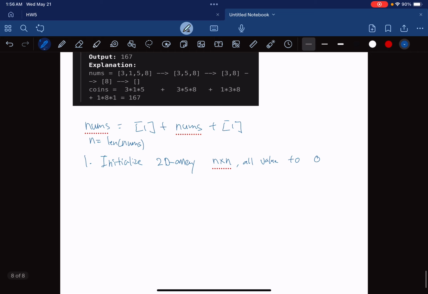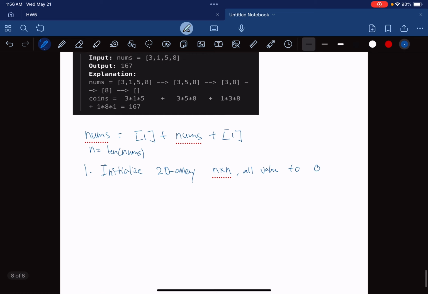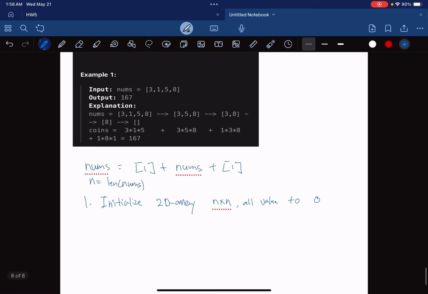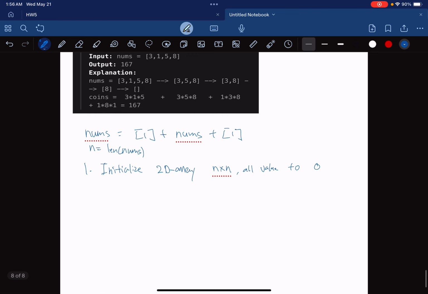Okay. I don't have a solution next to me, but let's try to work it out together. So how do we build a DP array? Let's call this array DP. What we can do is a for loop.